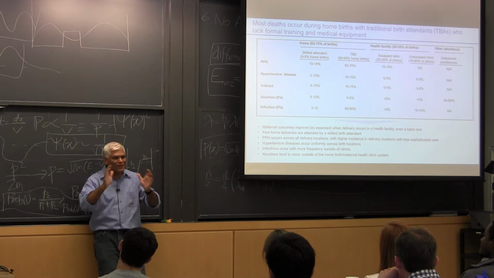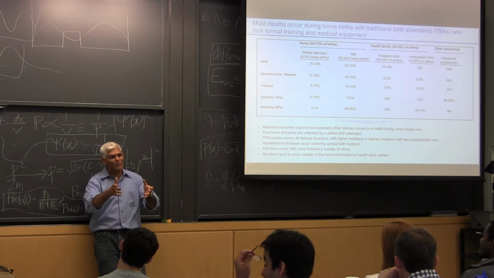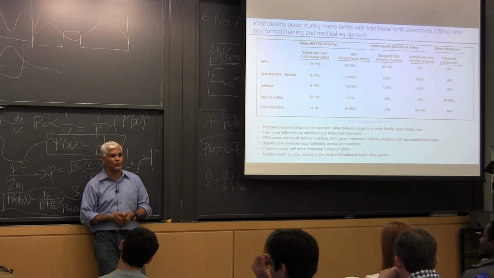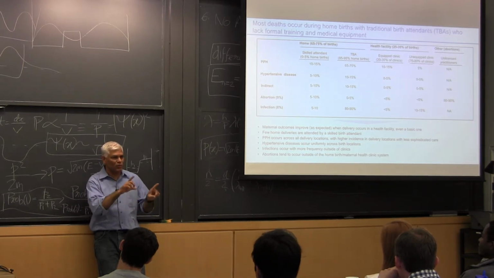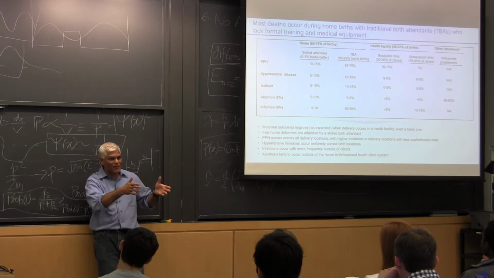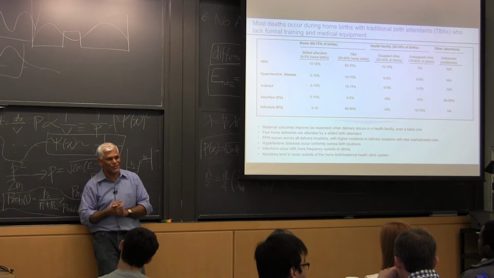It works as remarkably well as oxytocin in every clinical trial. But misoprostol is also used for medical abortion. I don't know if it's the actual morning after pill, but it's used for abortion. In fact, that's how it was released into the market. But it turns out it has these really remarkable properties that stop PPH.